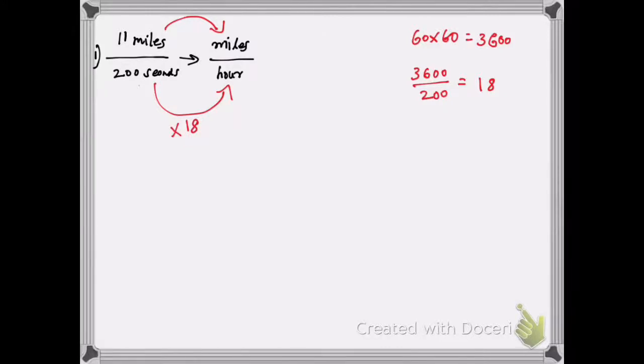So when you multiply the denominator with 18, you are supposed to multiply the numerator with 18 as well, correct? So when you multiply the numerator and denominator with 18, what will you get? You will get 11 times 18, which is 198, and 200 times 18 is what? 3600, and 3600 seconds here, okay? 198 miles here, okay?